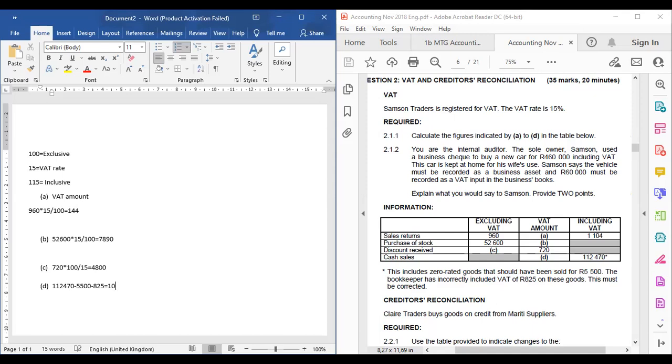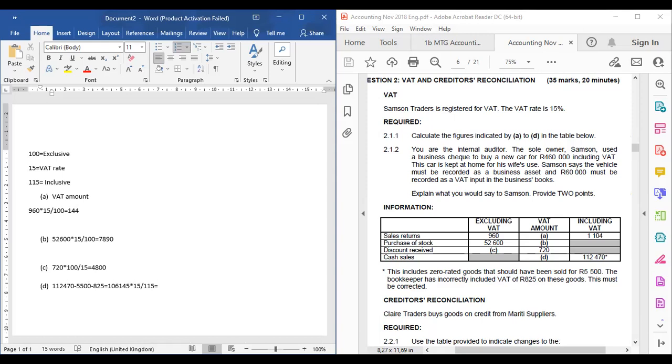Now we have 106,145. So this is the amount including VAT of things that are standard rated, because we excluded the zero-rated goods and the VAT that was incorrectly included. Now we have this inclusive amount and we're calculating the VAT amount. We multiply it by 15, because we're looking for VAT, over including VAT, which is 115.